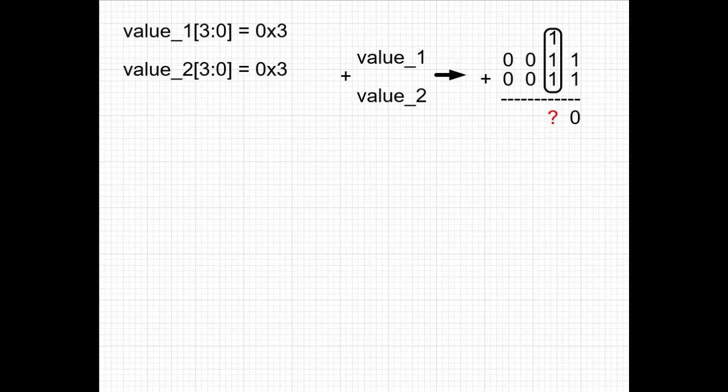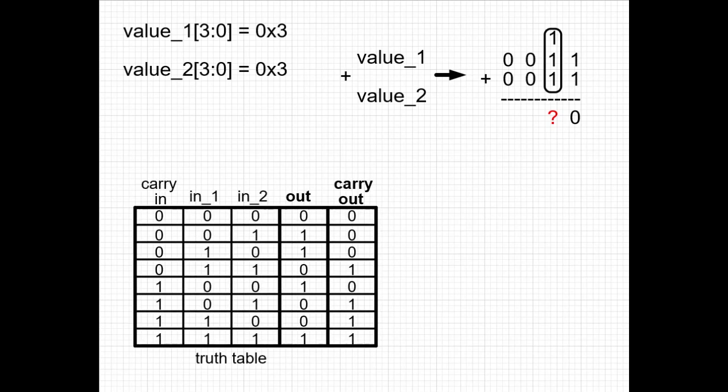With the carry bit, we now have 3 ones to add together. Once again, we'll use a truth table, this time with 8 combinations, since we have 3 operand bits. So, how do we arrange gates to implement this table?